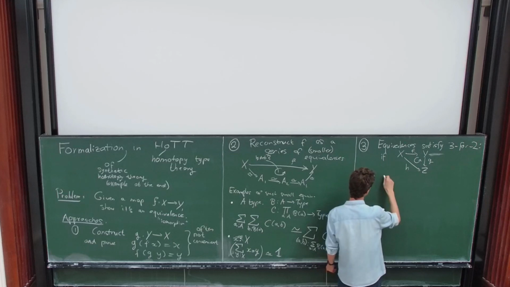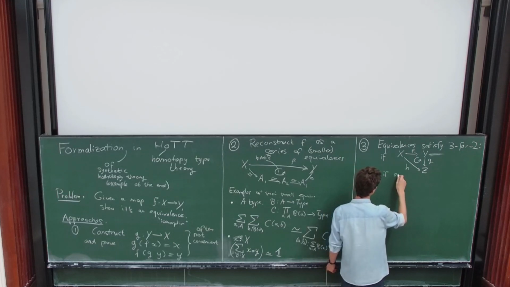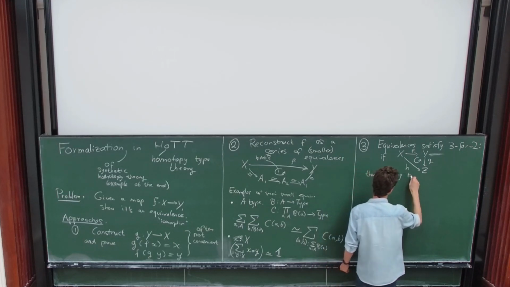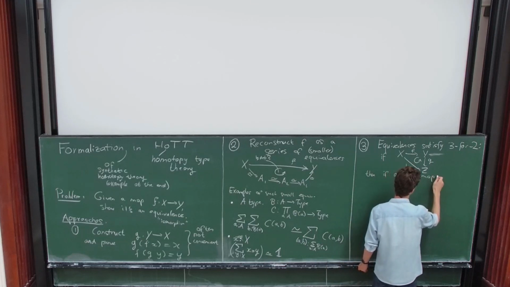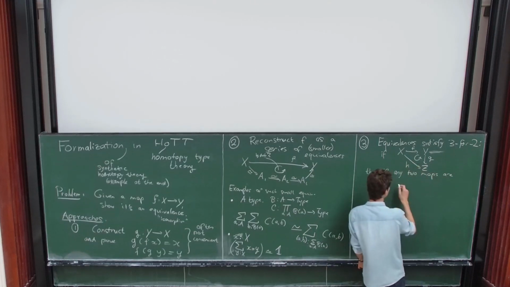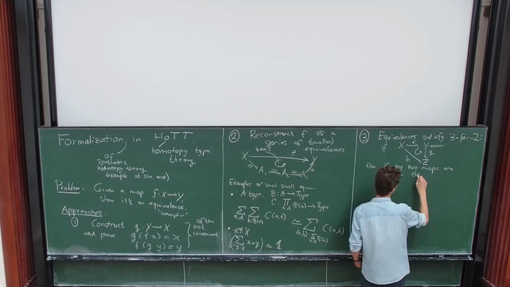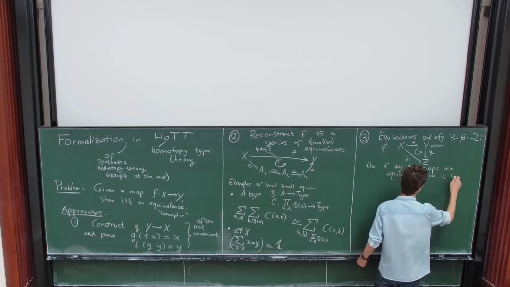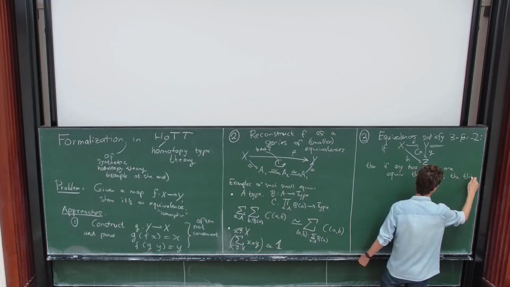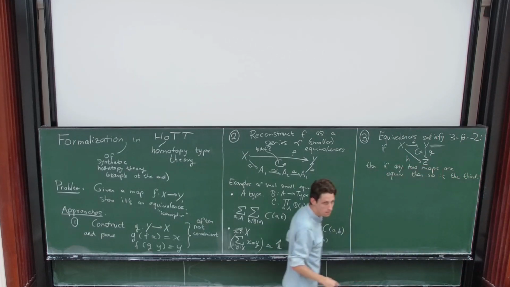Then if any two maps are equivalences, then so is the third. Okay, it's a basic fact.